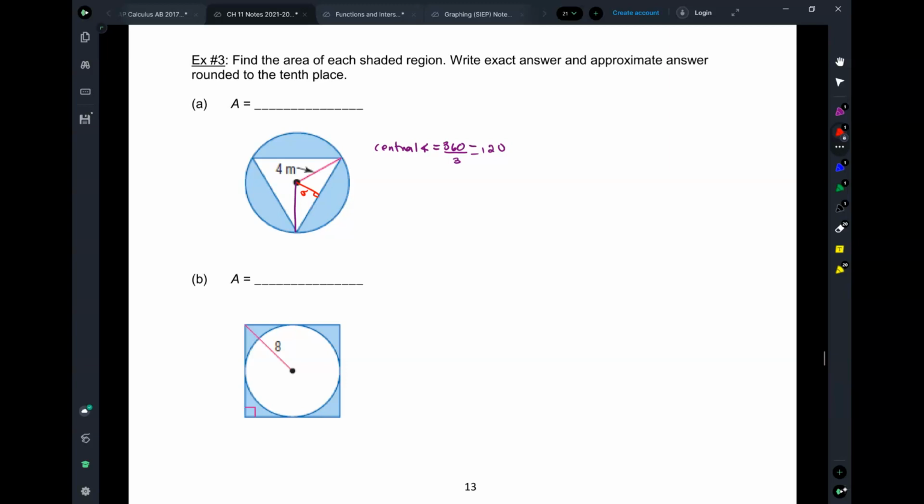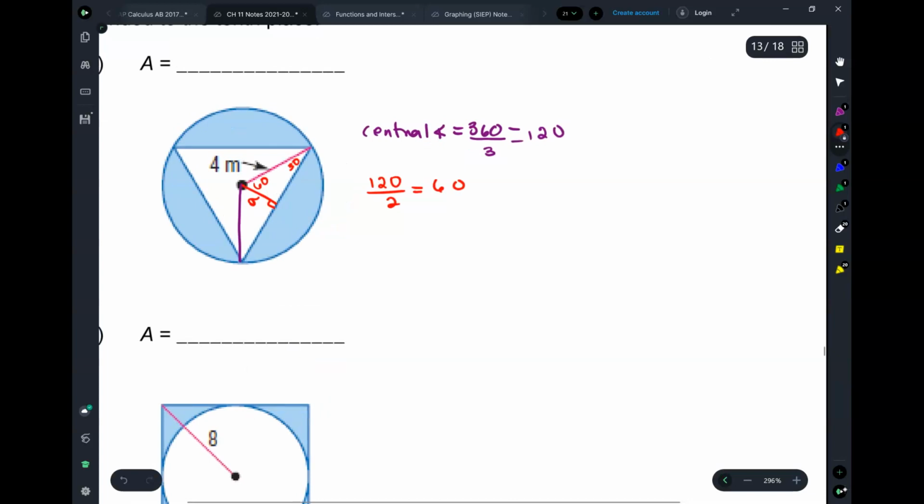Okay, so when you draw the apothem, 120 divided by 2 is 60. So this is 60. And look, we've got another 30, 60, 90 triangle. So the 4 meters is the what of that triangle? Long leg, short leg, or hypotenuse? Hypotenuse. If the hypotenuse is 4, how big is the short leg? 2.